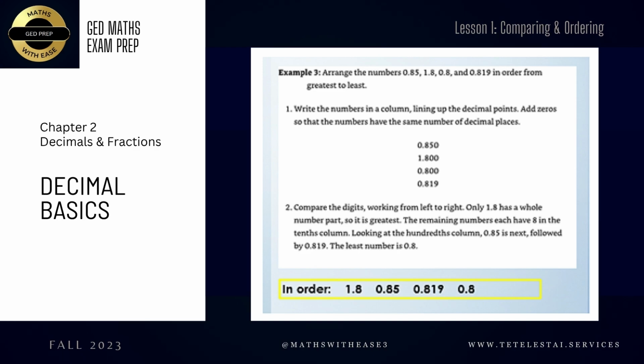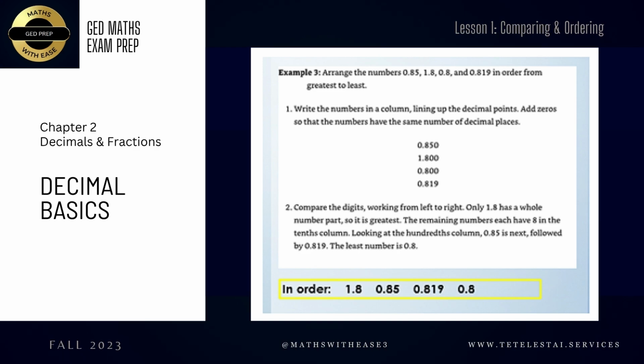In this particular example, we're asked to arrange the numbers 0.85, 1.8, 0.8, and 0.819 in order from greatest to least. So the first step is to stack your numbers into a column so that you can align your decimal points.